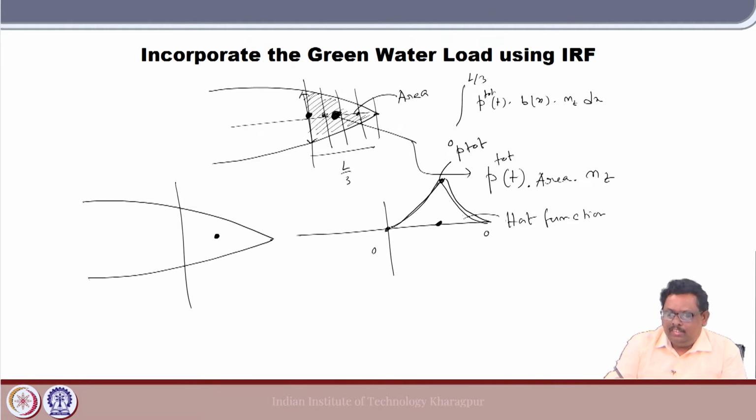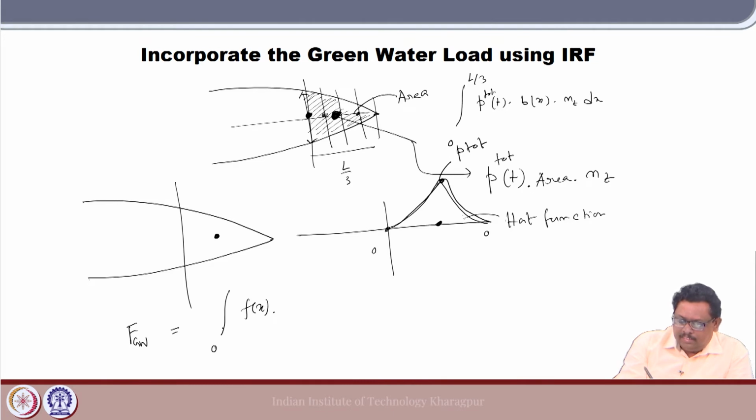Then you fit a cubic curve, and when you calculate the green water load, the green water load is nothing but you integrate this polynomial function f(x) from 0 to L, times B(x) into N_z into dx, that is also possible.